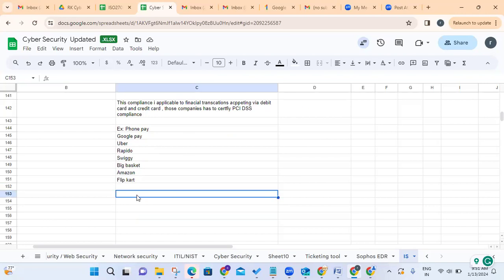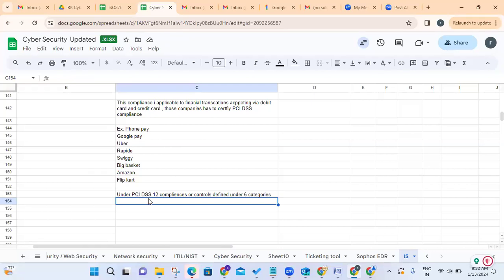Now under PCI DSS, 12 compliances or controls are defined under 6 categories. So there are 6 categories, and those 6 categories are divided into 12 compliances.